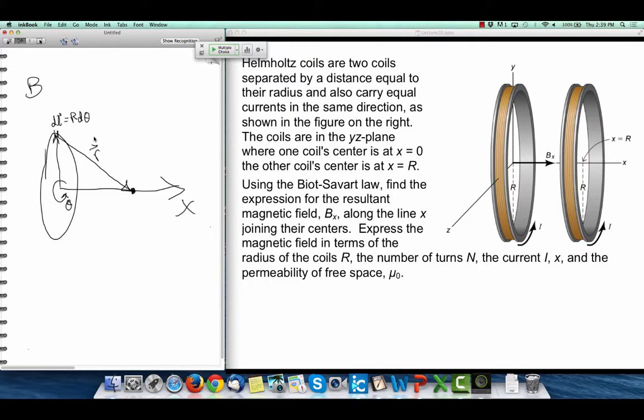If you use the right-hand rule here, the current is coming toward me up there at the top. Looking at this thing, when you're up at the top on the y-axis, the current is coming toward you.